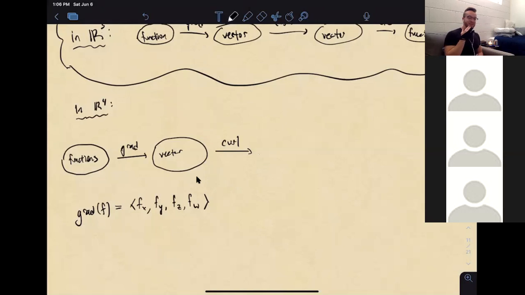Okay, so Aiden has an interesting answer. Would it be multiple vectors? Not so, it's a little weird. That was a trick question.